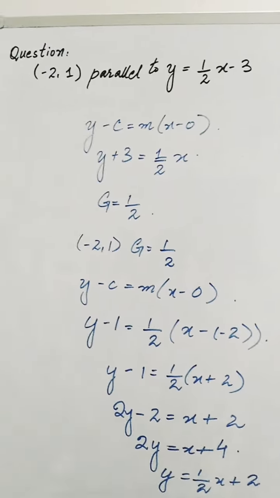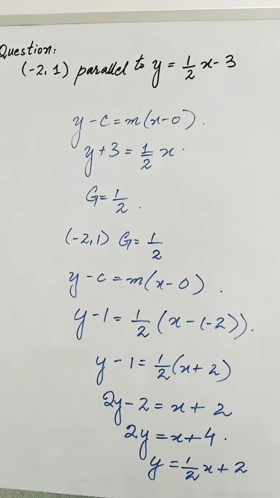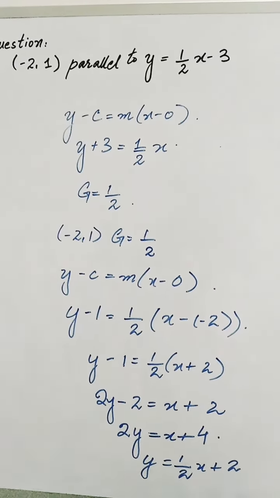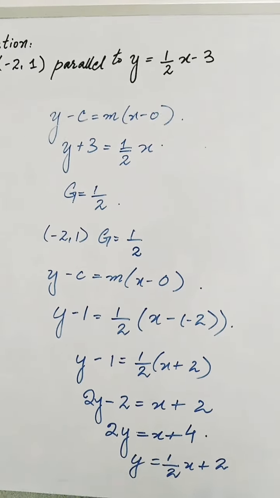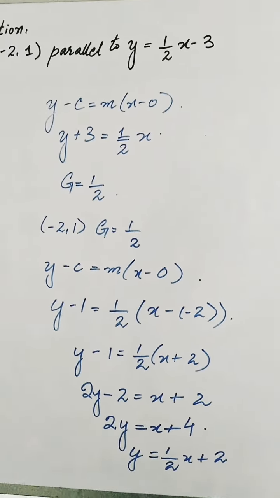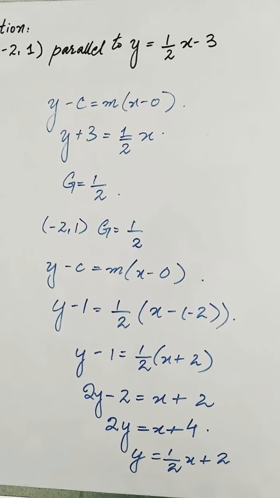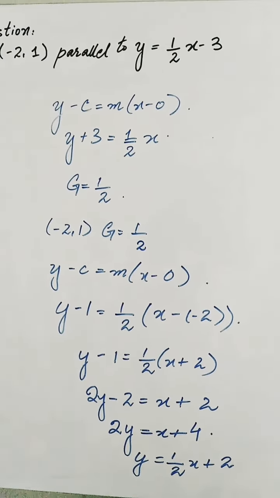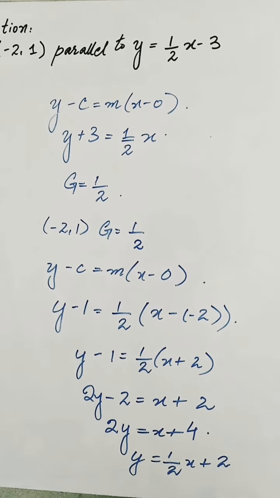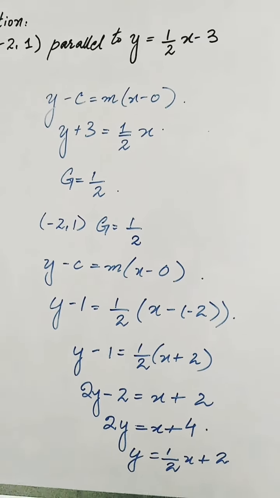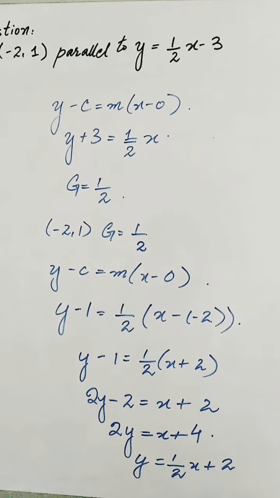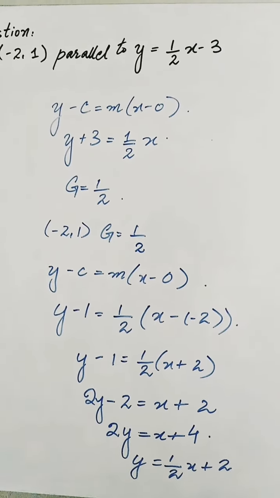Now look at the question in which the coordinates are given as (minus 2, 1) and the line is parallel to the equation y equals 1 over 2 x minus 3. As we know that the gradient for parallel lines is the same, we will find the gradient with the help of the equation, and it comes out as 1 over 2. Now we have the coordinates (minus 2, 1) and gradient 1 over 2.